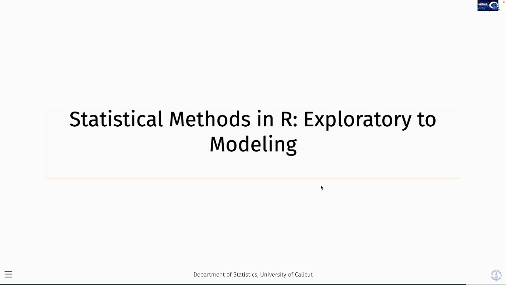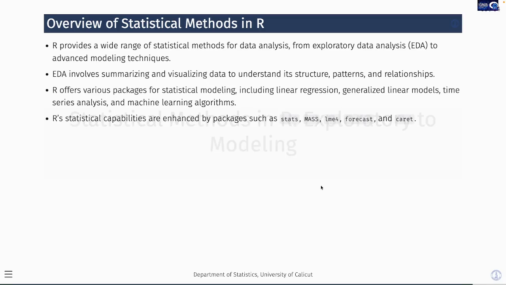Then we have better libraries for descriptive statistics, calculating measures of central tendency, dispersion, skewness, kurtosis, etc. For inferential statistics and hypothesis testing, we also have a good number of functionalities.